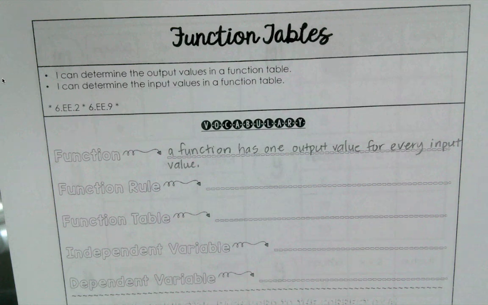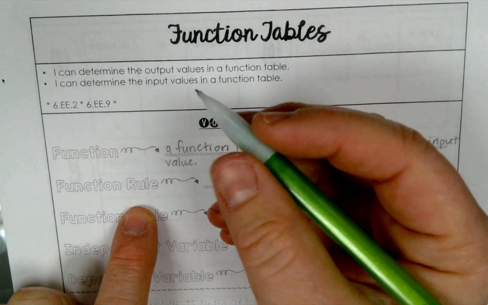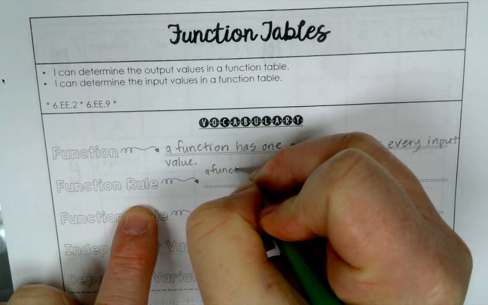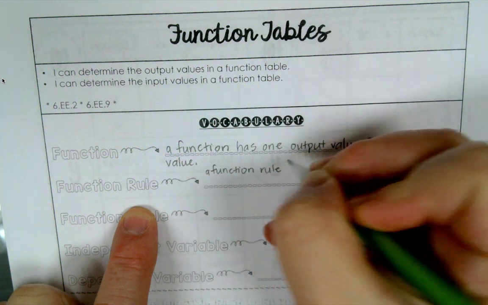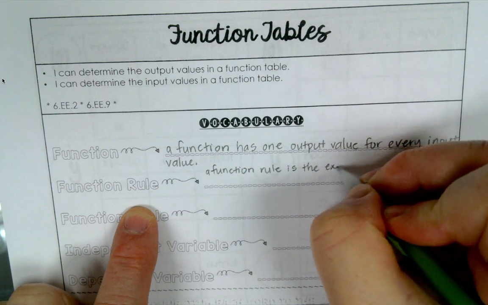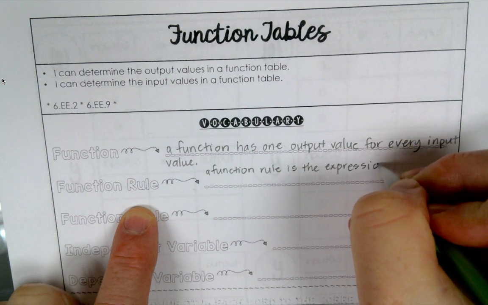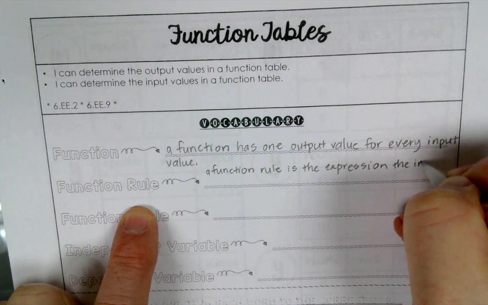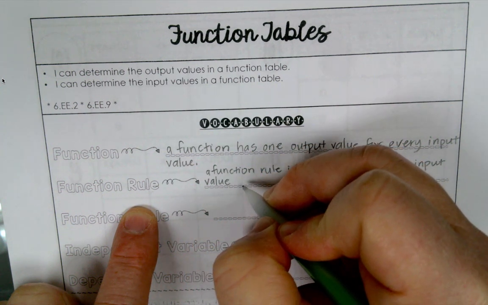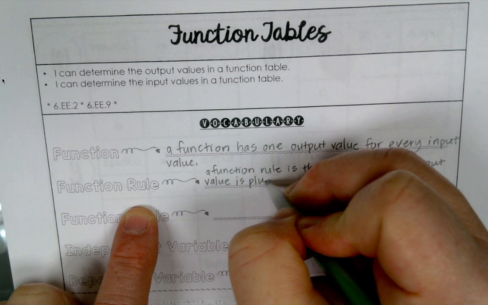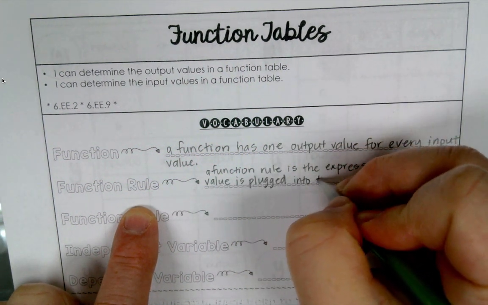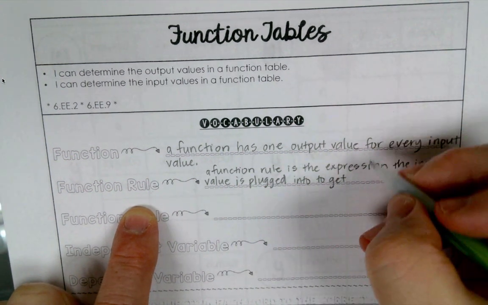Now, a function rule is the expression the input value is plugged into to get the output.